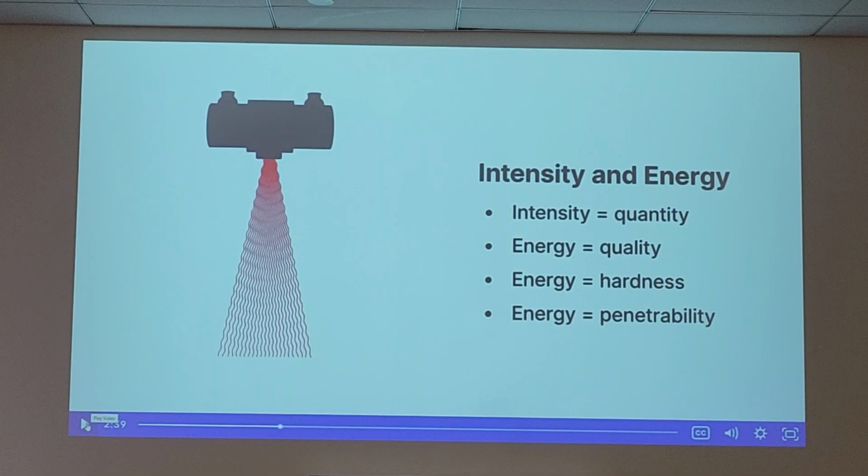Now, if I have a piece of bone, I'm going to try to draw a bone. This is a bone. Okay, just make it so. If this energy is aimed at this bone, which one is likely to pass through the bone?